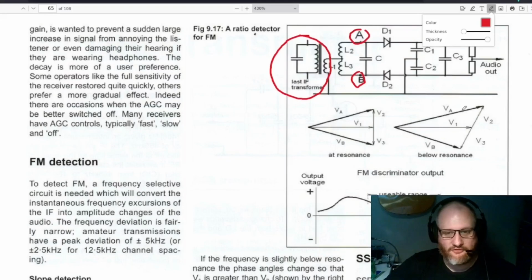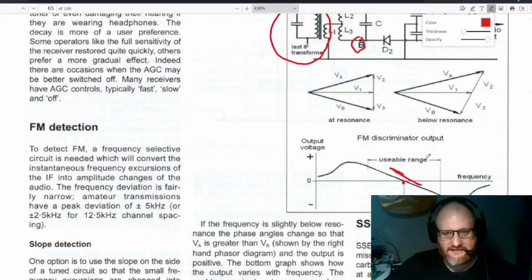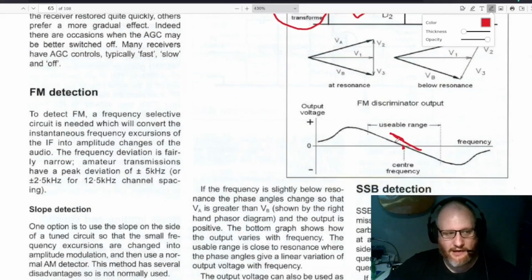This phasor diagram represents it, where below resonance you get a greater vector for point A and a smaller vector for point B. We have this slice of this slope here, and the output voltage goes up or down following this slope based on those phase angles. It is to do with the ratio of those angles to each other, which determines how much that changes.